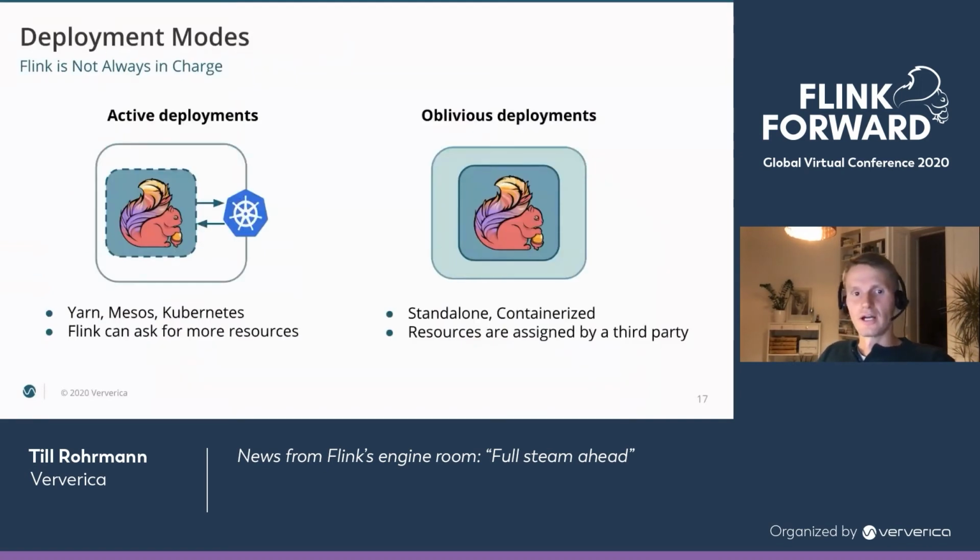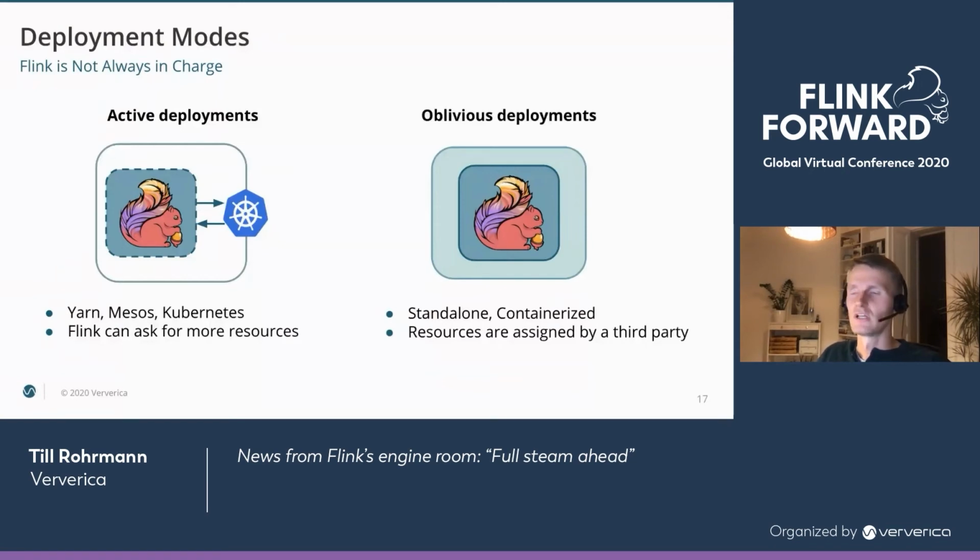Before we take a look at how we want to solve it, I first have to introduce a bit of terminology here. Flink supports many different deployment types, and one way to distinguish deployments is whether Flink knows about the underlying resource manager or not. If it knows about where it runs, that's what we call active deployments. This means that Flink is able to talk to the underlying resource manager.